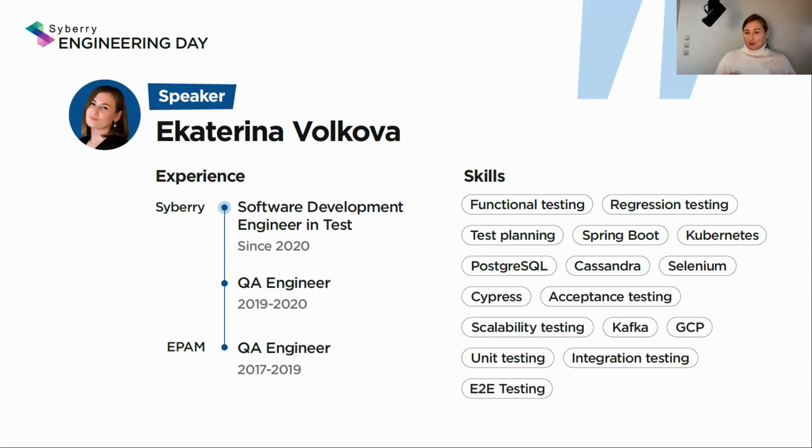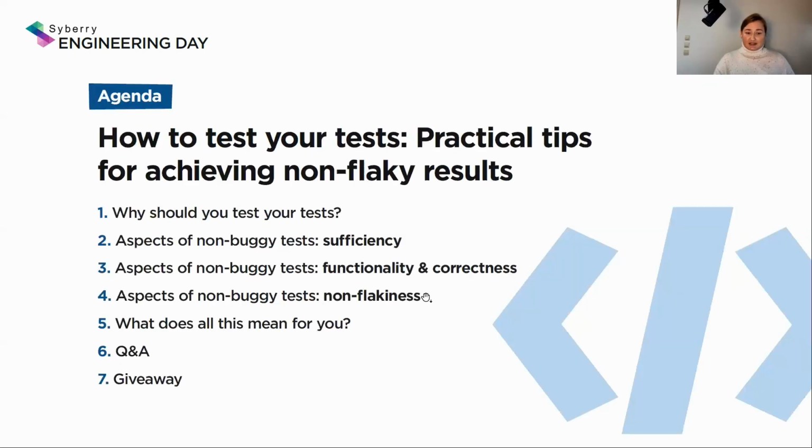To give you an overview of today's webinar, here's the list of questions I'll try to address during today's session. Firstly, we'll talk about why we actually need to test our tests.